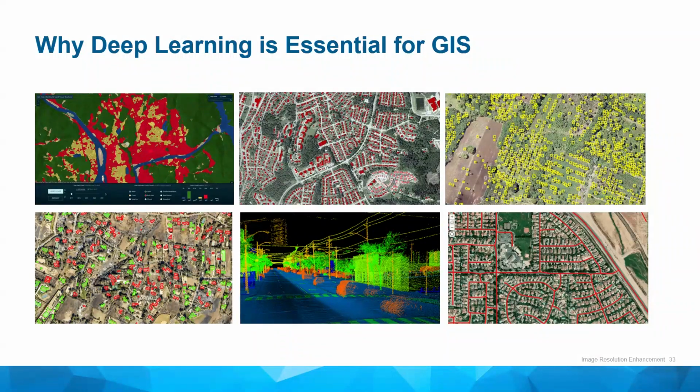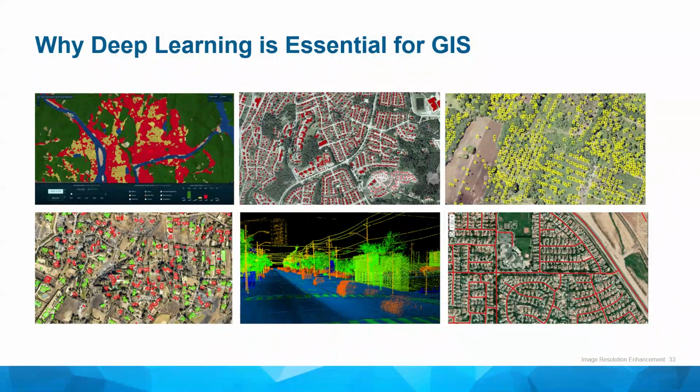Okay, why is deep learning essential for GIS? Deep learning automates complex tasks in GIS, like, for example, land cover classification, building footprint extraction, and object detection from imagery. It's essential for handling large-scale datasets that would be impossible to process manually.